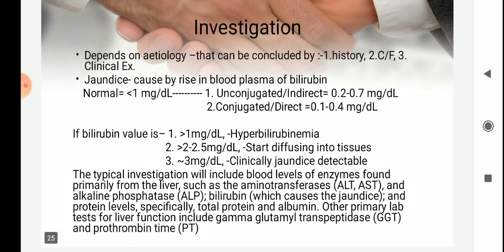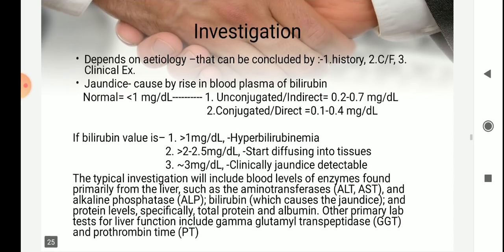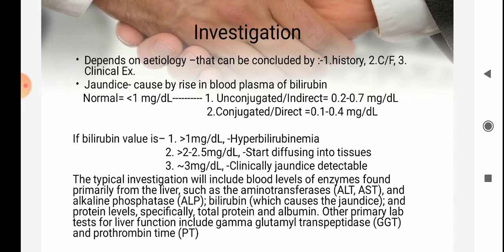So less than 1 milligram per deciliter, hyperbilirubinemia, greater than 2 to 2.5. So it starts diffusing into the tissues when it crosses 2. Okay, so clinically it is not evident up to 3 milligram per deciliter, as I told you. Then beyond 3 it is visible.